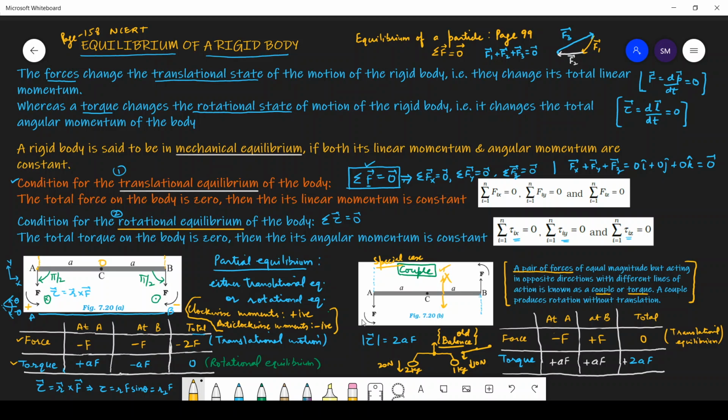So here anti-clockwise positive, here also anti-clockwise positive. Both torques are positive, and for the magnitude, the angle here is 90 degrees, here also the angle is 90 degrees, so sin 90. So we got plus AF and plus AF. So the net force is 0 but the total torque is 2AF. So it results in rotational motion.